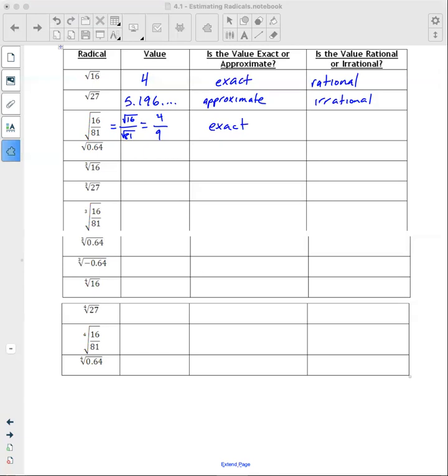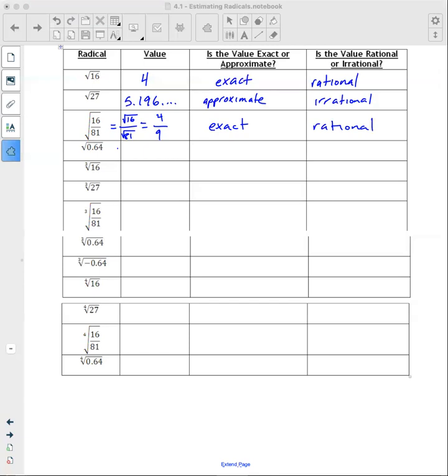Okay, so exact values are rational. So if we can represent something as a fraction, that is rational. Okay, so the square root of 0.64, so 64 hundredths.